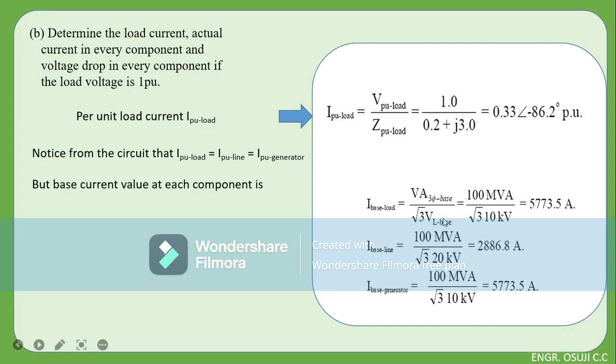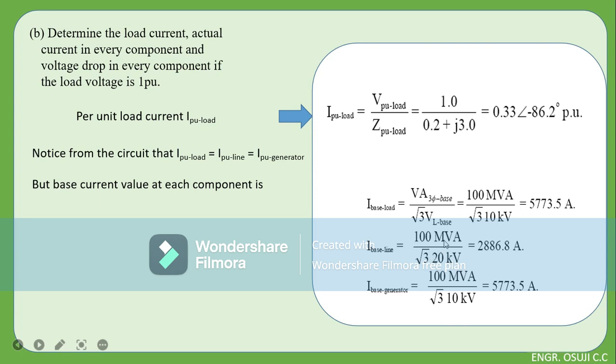So we know our base voltage for region 3, where we have the load. So the load voltage there is 10 kV. So we know the power is 100 MVA. So this is the base current. So also the base current for the line. What is the base current for the line? Of course, we know that the line voltage is 20 kV.